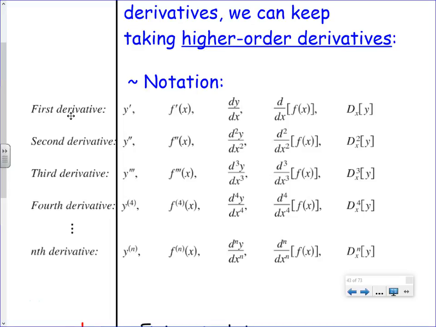We can double prime y. We can find f double prime of x, and then there's different Leibniz notations down there. But what does it mean to find a first derivative and then find a second derivative? Derive it and find f prime and then derive again. And if you needed to find a third derivative, you can derive again.